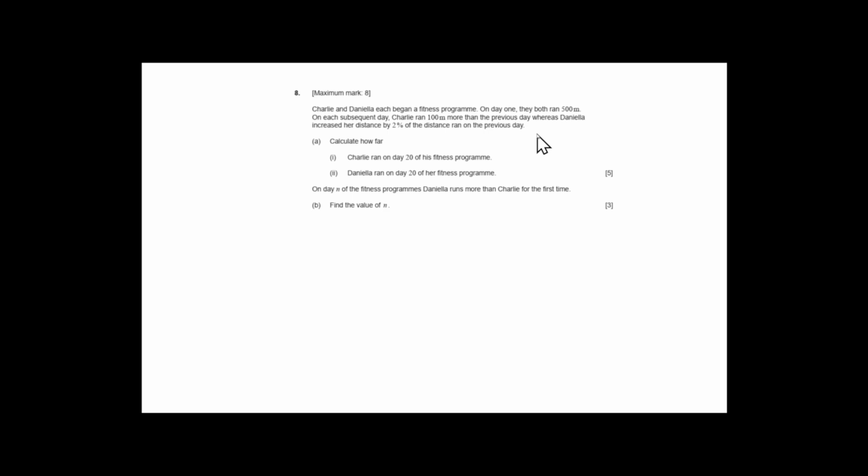So calculate how far Charlie ran on day 20 of his fitness program. So Charlie is arithmetic, so the formula for that, I think according to your notes, it's going to be u1 plus n minus 1 times the change, and the change that he runs extra per day, d is 100, and we're looking for n equals 20.